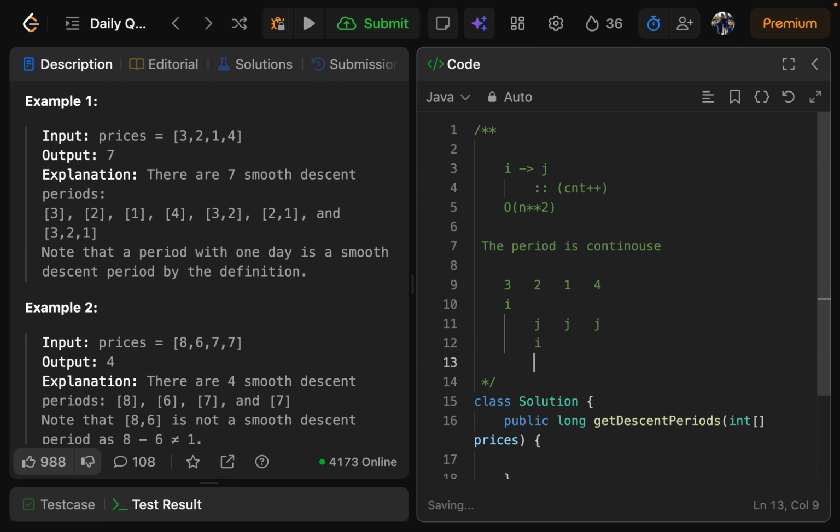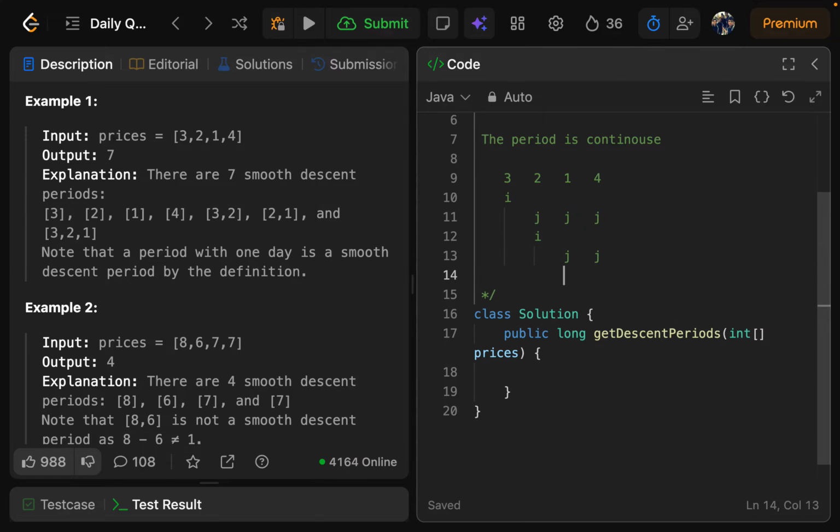Next time we take i from 2, j incrementing from this and this. But wait a second, j has already traversed 2, 1 and 4. So why are we required to iterate i? Because we already know that j would go from 2 to 1 to 4, and we already know 2 and 1 are within a period. So if I come again to 2 and ask about 2 and 1, it would be a repetitive task.